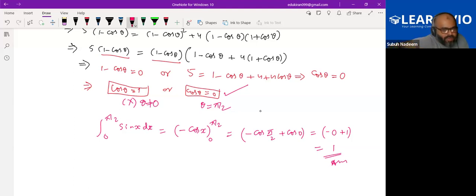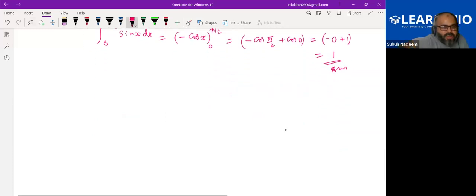Now let us see one question which is based on argument and modulus. The question is like this.